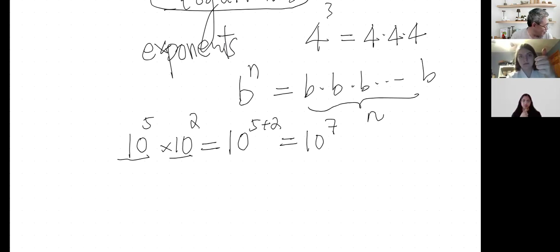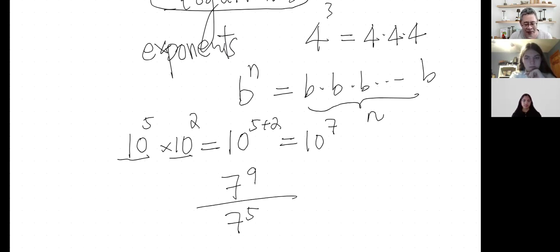Very good. Or we could have something like 7 to the 9th over 7 to the 5th. Well, we know that's 7 to the 9 minus 5, so we get 7 to the 4th. Okay, are we good on this one for the division?